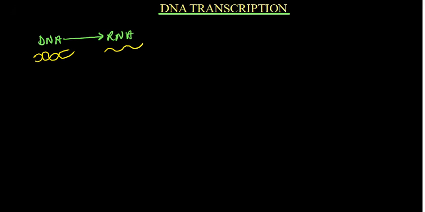That is with respect to eukaryotic cells. So the information has to be the same, but it has to be changed into mRNA. This process is what we call transcription, how the information is changed from DNA to RNA. That's what we want to look at today.